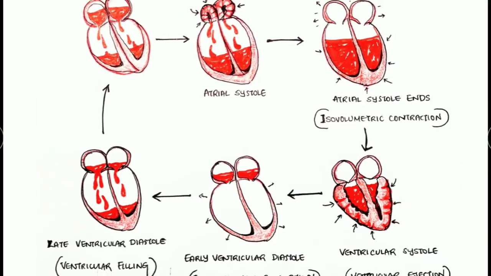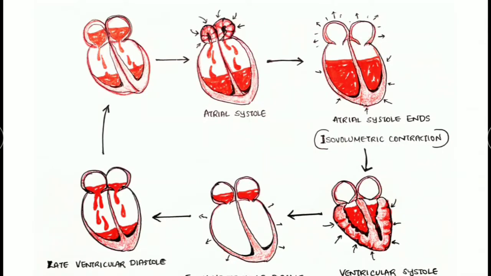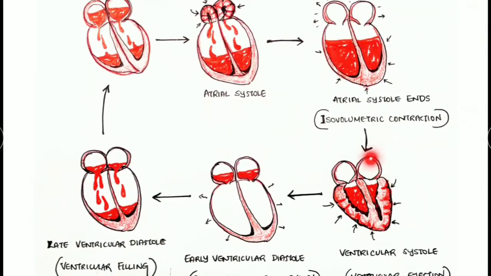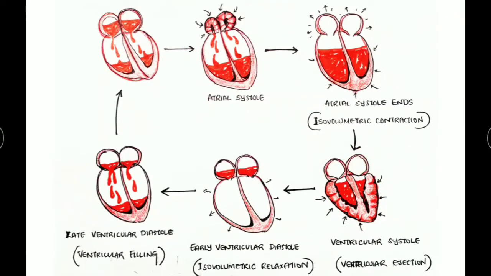So before the ventricular systole begins, both the mitral and the tricuspid valves close, so that they prevent the backflow of the blood from the ventricles to the atria. Towards the end of the isovolumetric contraction stage, the S1 heart sound is produced.